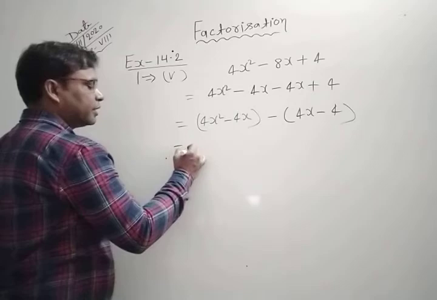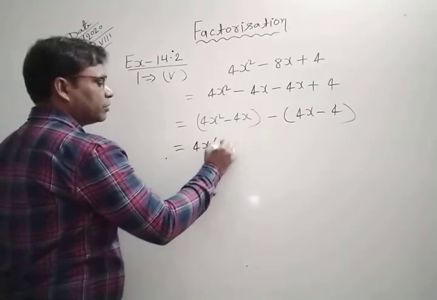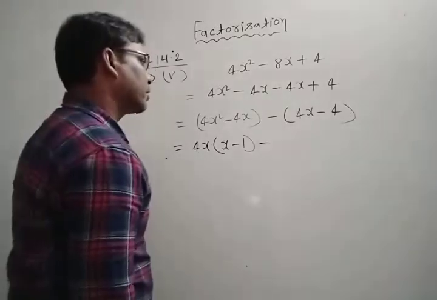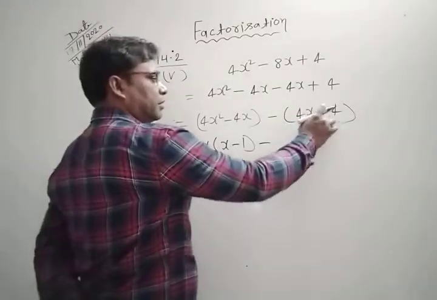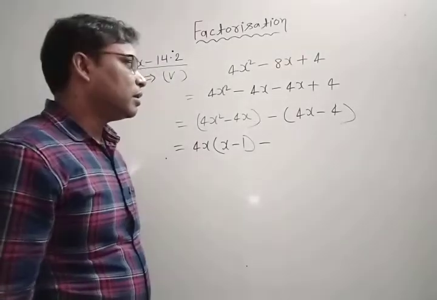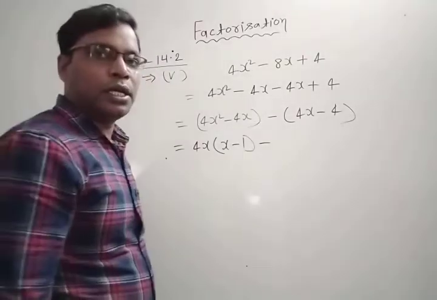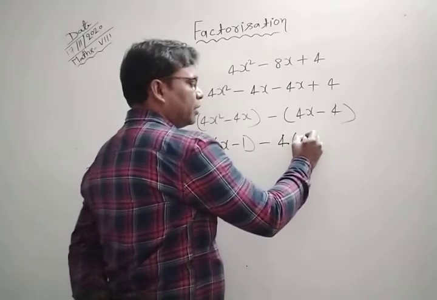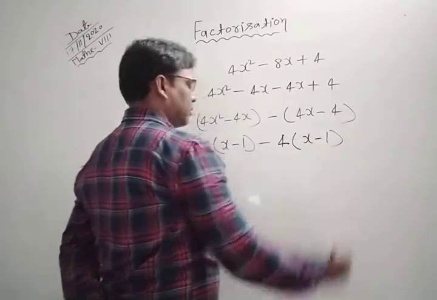You can take common 4x, it will become x minus 1, minus. And what is common in the second group? The second group has 4 common. If you take common 4 in the second group, you can write 4 into x minus 1.